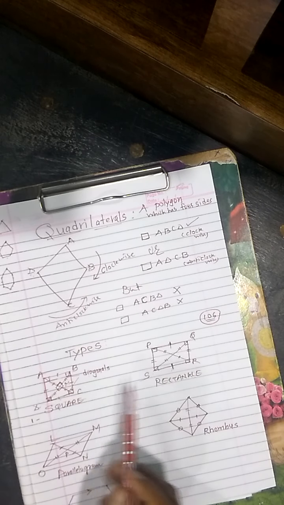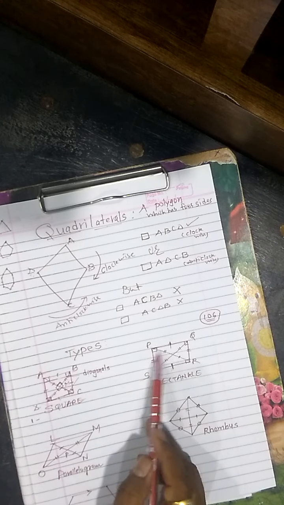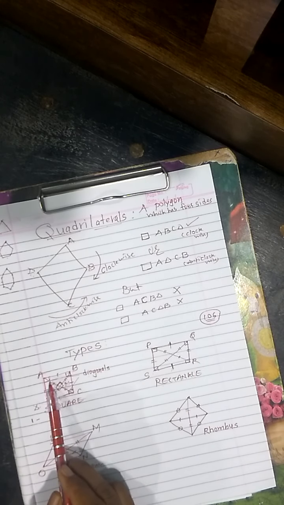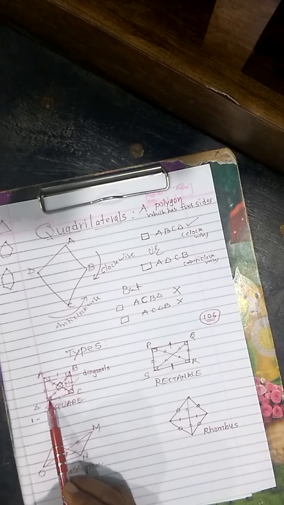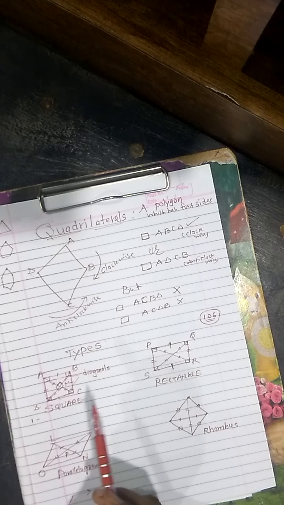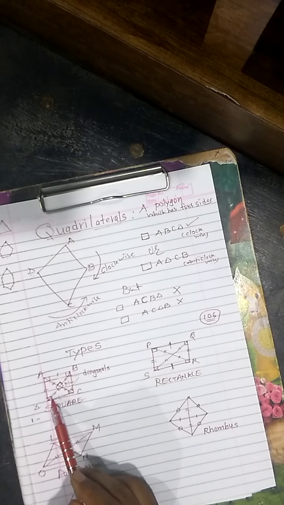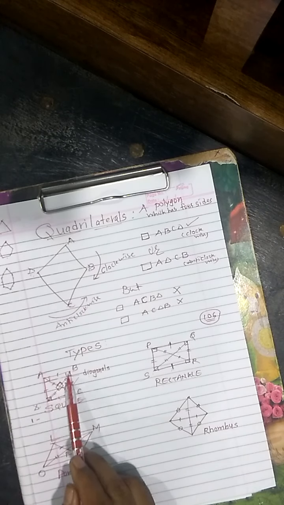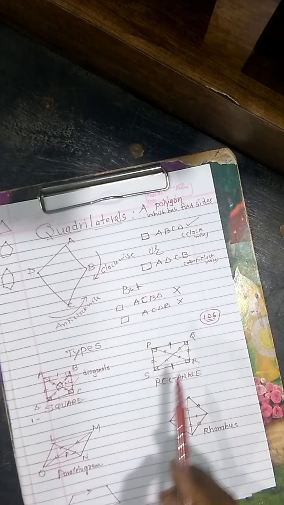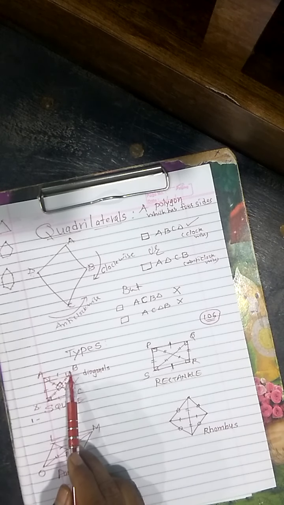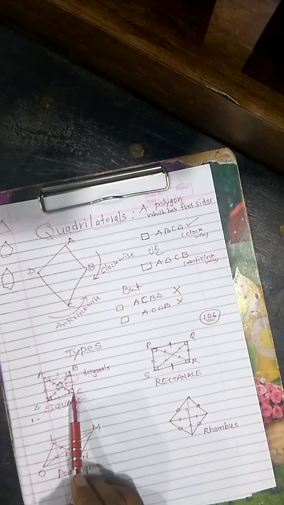In a rectangle all angles are 90 degrees. In a square all angles are 90 degrees. In a square two diagonals are there, and in a rectangle two diagonals are there. In a square the lengths of the two diagonals are the same.